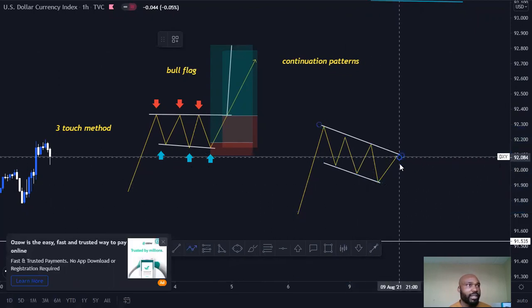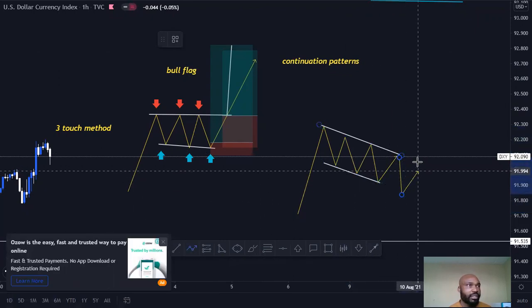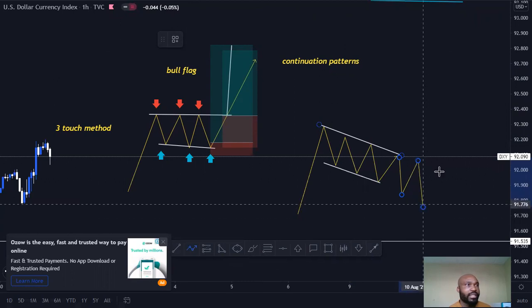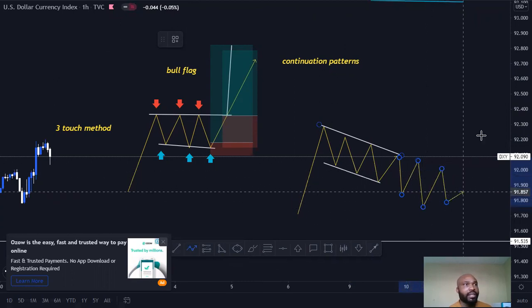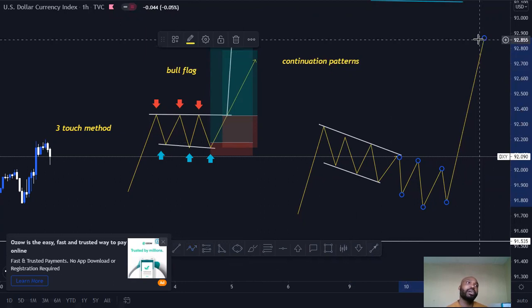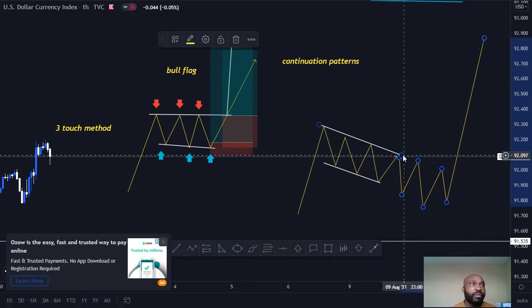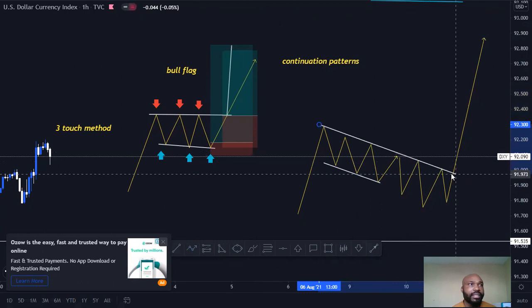So instead of price breaking that level, it trickles down, forms a much more extended correction, and then eventually breaks out still in your same direction.